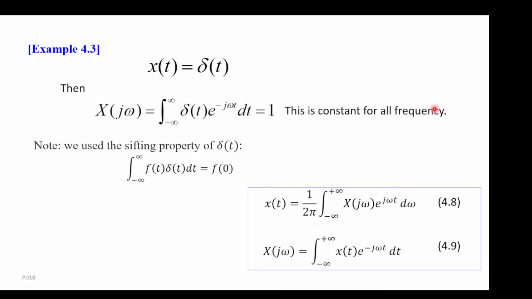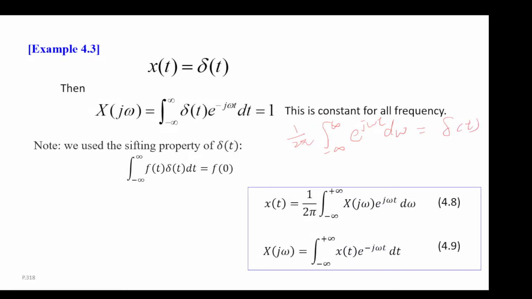Something funny is that we actually think this is a legitimate x of t and big X of j omega pair. That means you can find x of t from big X of j omega, so we think this funny integral, 1 over 2 pi, integral from minus infinity to plus infinity of big X of j omega, which equals 1, times e to the j omega t d omega, is equal to delta of t.